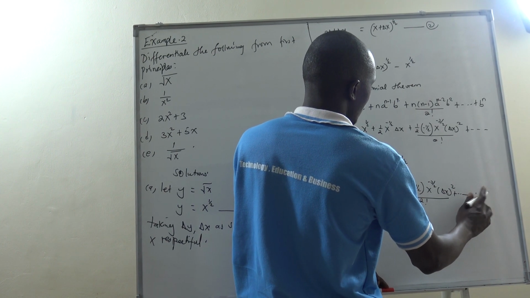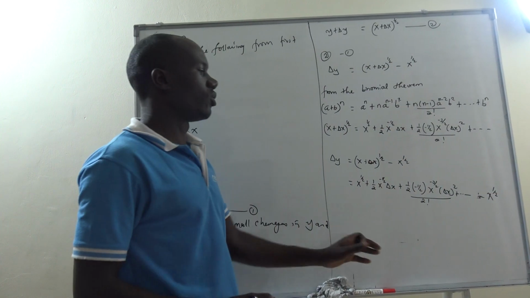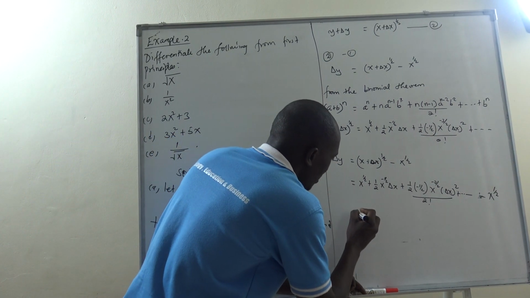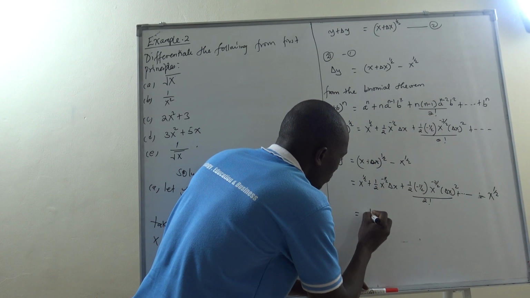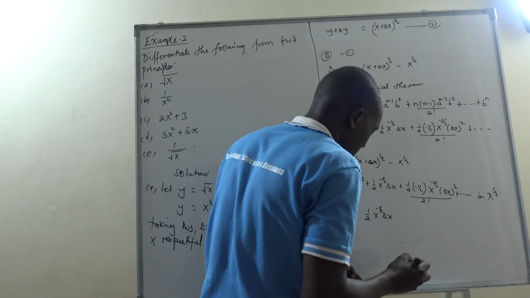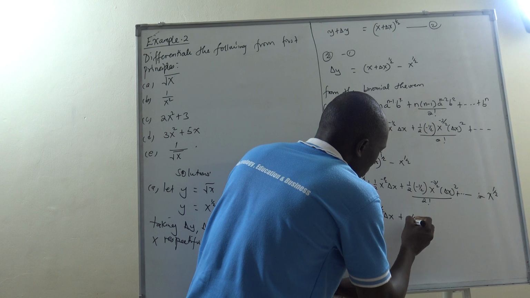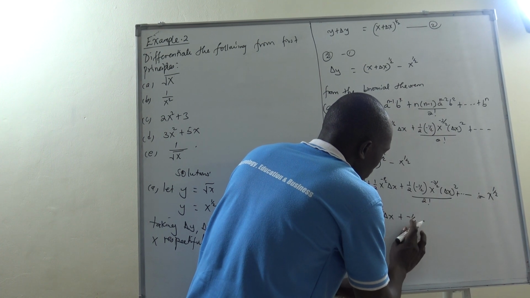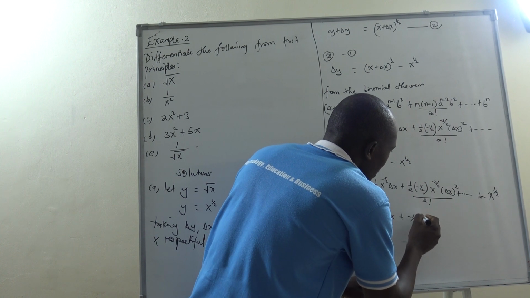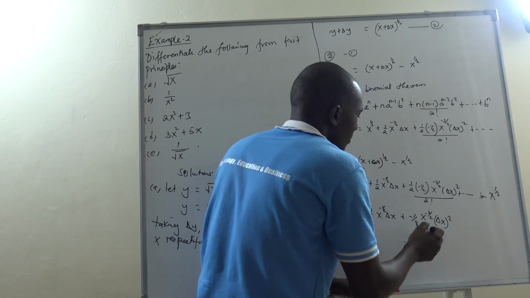Then we say minus x power a half. So can we reduce x power half and x power half? It goes. So I am remaining with a half x power negative a half delta x plus, this is negative a quarter, and when you multiply, this one becomes negative 1 over 8, then x power negative 3 by 2 delta x squared.